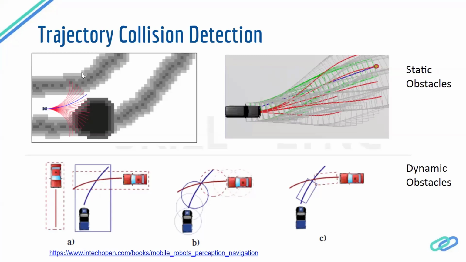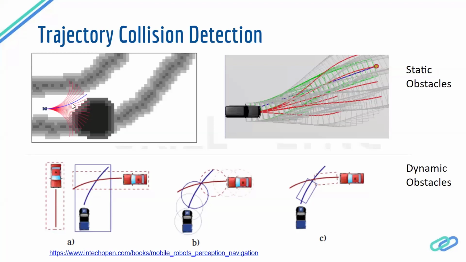So we have the trajectories which are represented, let's say, by certain polynomials, and we can check if any of this polynomial touches any of these blocks. This can be represented as small circles or small squares. We can check if any of this is intersecting with the environment, then there is a collision. If there is no intersection, there is no collision.